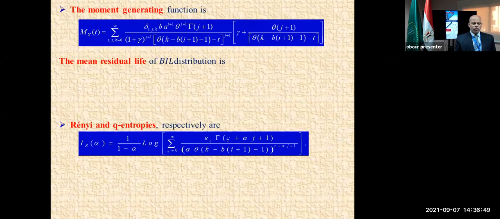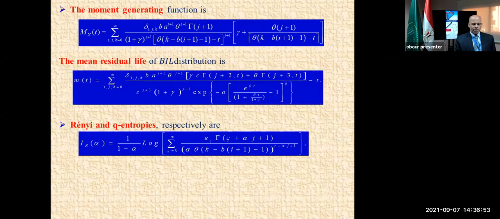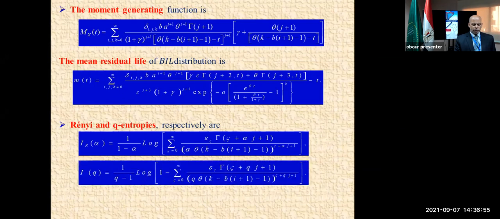After that, the mean residual lifetime of the beta inverse Lindley, and the Renyi entropy and the quantile intervals. For the distribution of the order statistics, a closed form expression for the PDF of the r-th order statistic of the beta inverse Lindley distribution is derived.